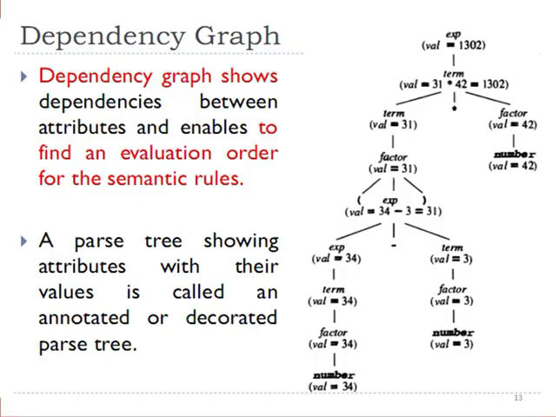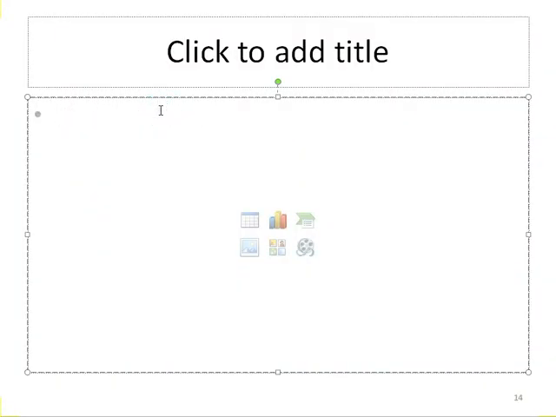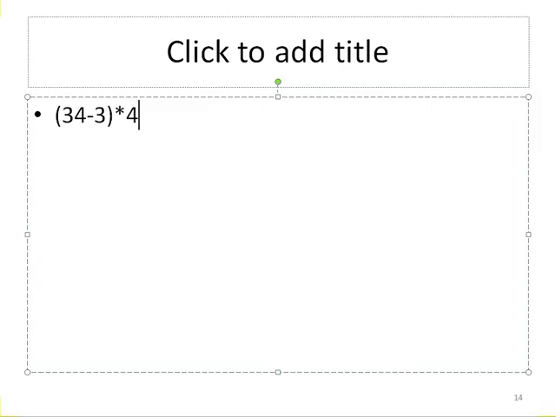So for example, assume we have such an expression: 34 minus 3 in brackets, then times 42.